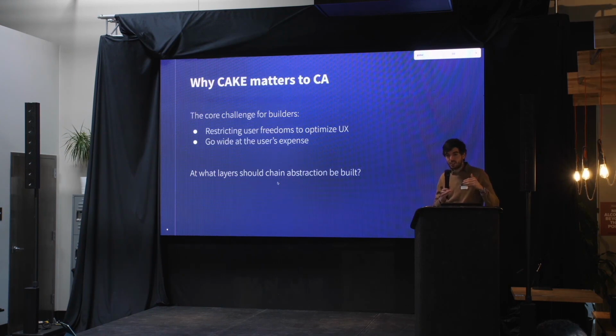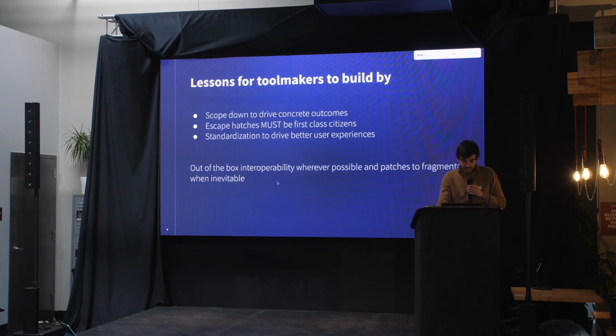And so balancing that tension between restricting what your app can do and at the same time going wide, sometimes at the user's expense because you have to show them raw hex code, which no one wants to read, is sort of a big part of basically where I think permission systems come to play. Ultimately, permission systems are the patch between basically the high-level generalistic standard and the underlying product that gets built.